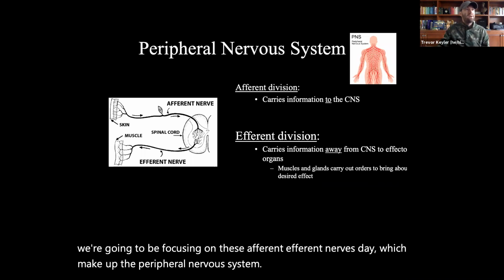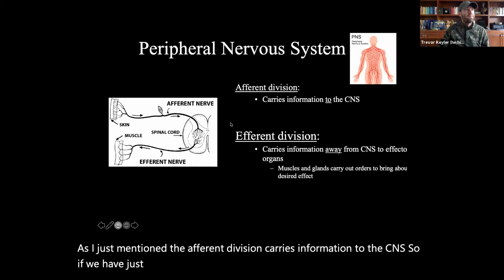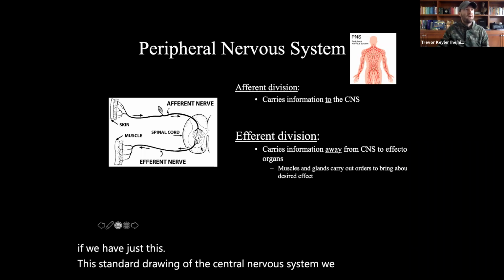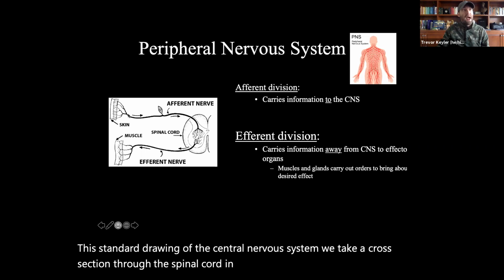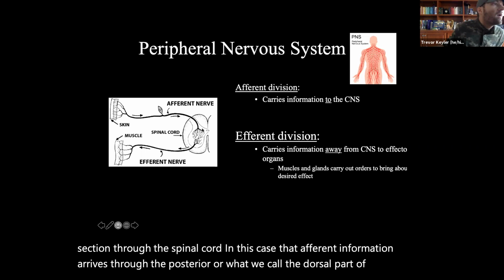As I just mentioned, the afferent division carries information to the CNS. Okay, so if we have this standard drawing of the central nervous system here, we take a cross section through the spinal cord in this case. That afferent information arrives through the posterior, or what we call the dorsal, part of the spinal cord.